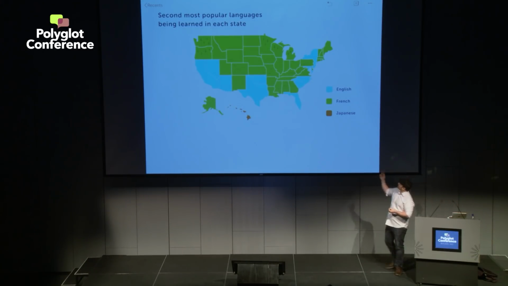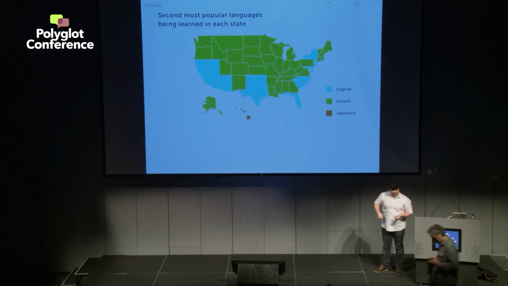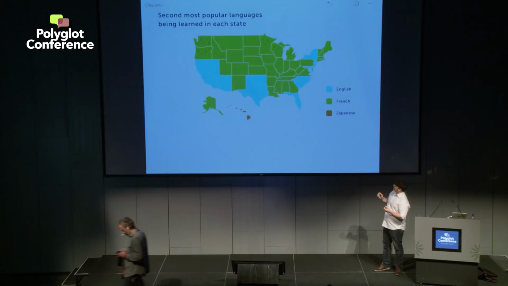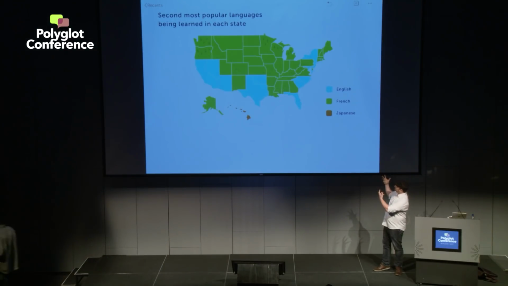We have mostly French pop up and English, of course, in the states that tend to have more immigrants. So this starts to paint you an interesting picture. Maybe from this you know, wow, in Hawaii there's quite a demand for Japanese learning materials. Maybe I can use that to go help Hawaiians learn Japanese.